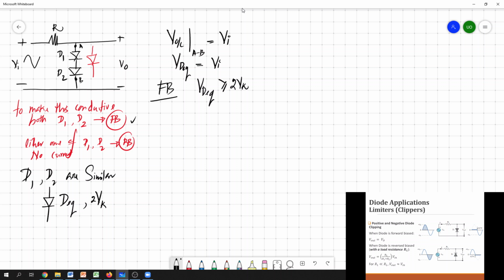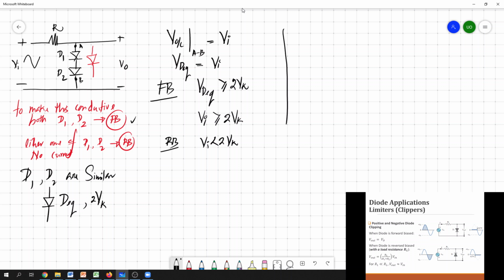So we can simply claim that Vi should be greater than or equal to 2 VK to make it forward biased. Similarly, to make it reverse biased, your input voltage should be less than 2 VK.